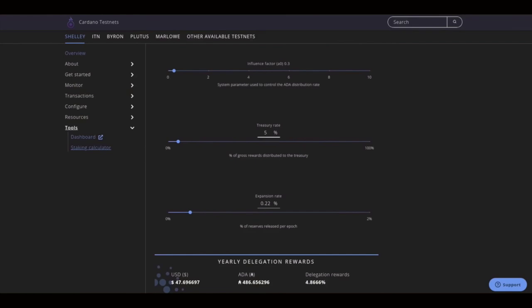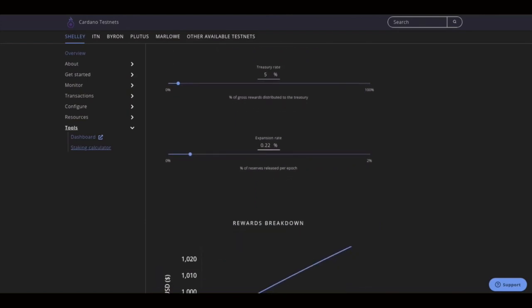This is the rate of rewards that goes to the Treasury, which will then later be used to fund projects for the improvement of the Cardano ecosystem. And this is the monetary expansion rate. That's the percentage of remaining reserves that will be taken each epoch to serve as rewards. So 0.22 is the value we will start mainnet with.